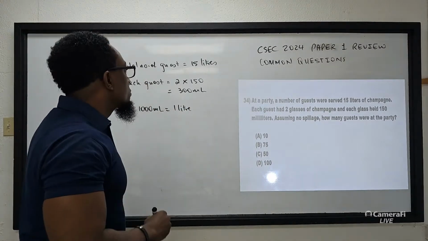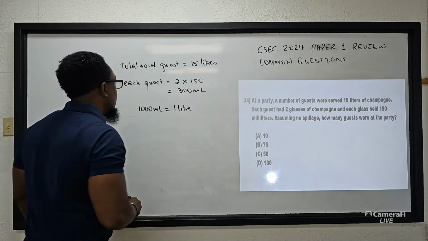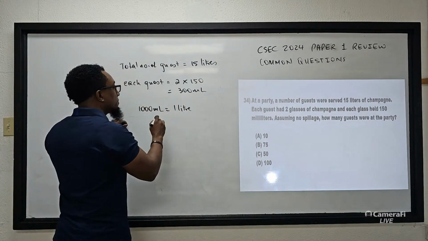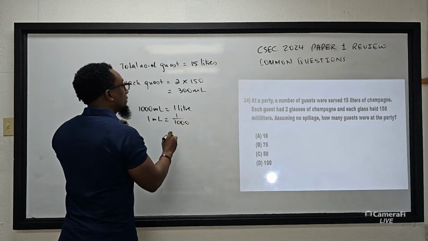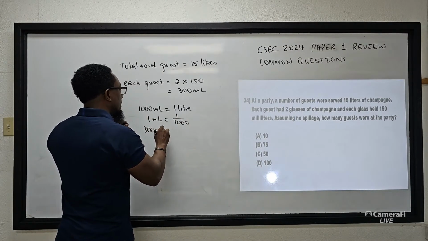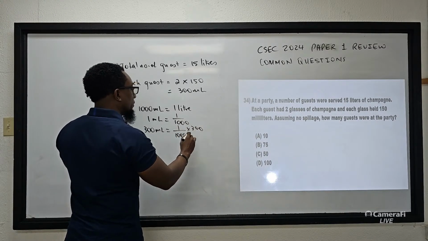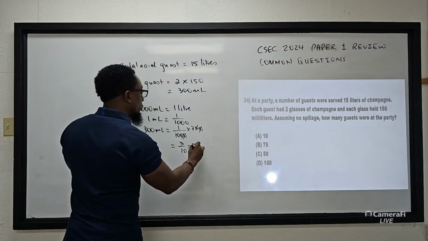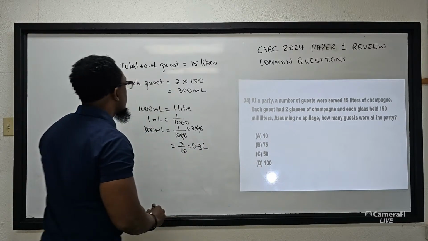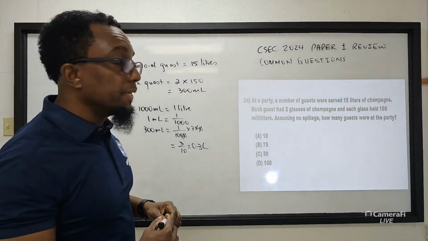So how much is 300 milliliters? If 1000 milliliters is 1 liter, 1 milliliter will be 1 over 1000, and 300 milliliters will be 1 over 1000 times 300, that's 3 over 10, which is 0.3 liters. So each guest will be served 0.3 liters of champagne.